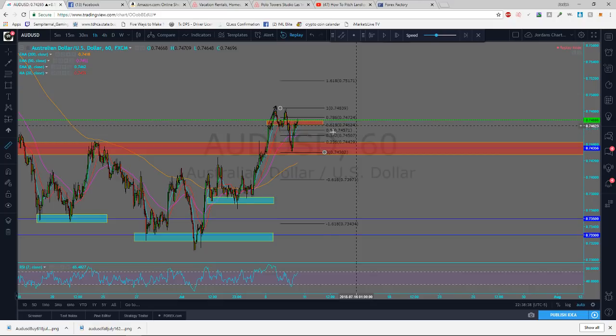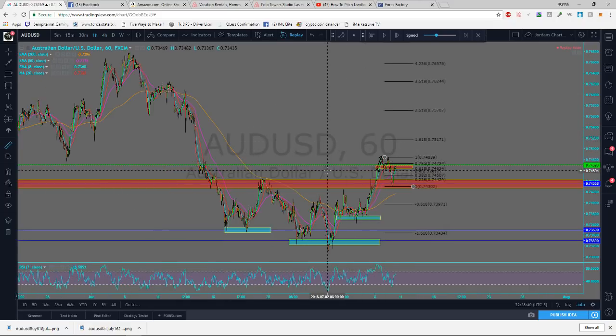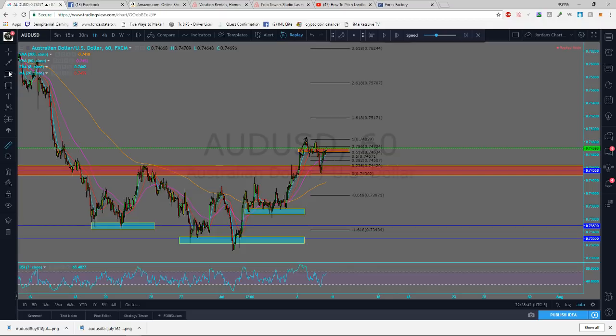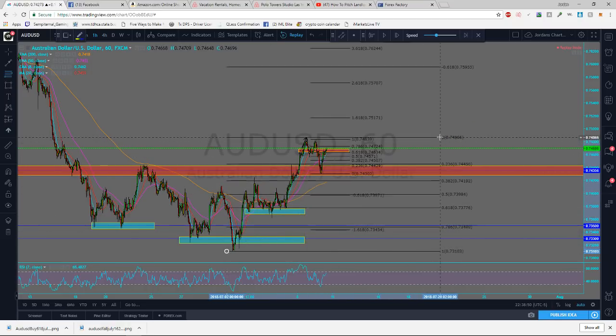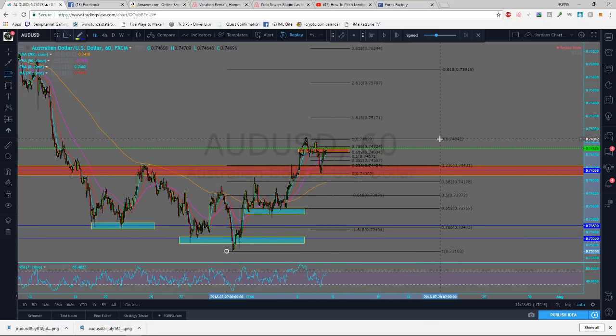And then we do the same thing with your take profits. Maybe you drew your fibs from low to high, and you notice that price could possibly go to this 61.8 area, right?